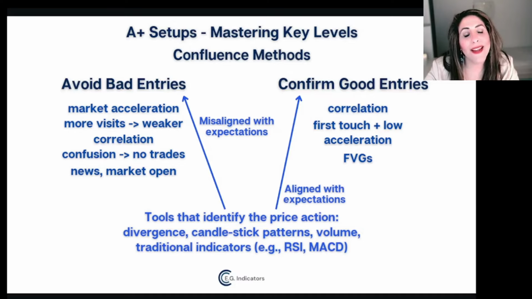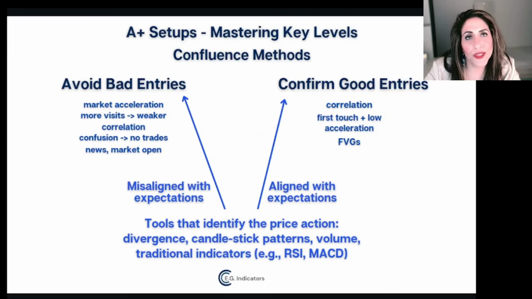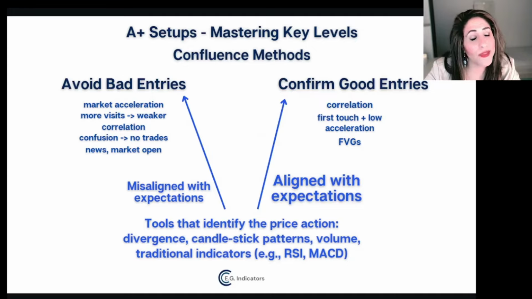The signal aligns with our expectations. If it's a support, we get a buy signal from RSI and MACD. This can also be used to confirm the entries of support levels. So traditional indicators can also be considered when trading significant price levels.